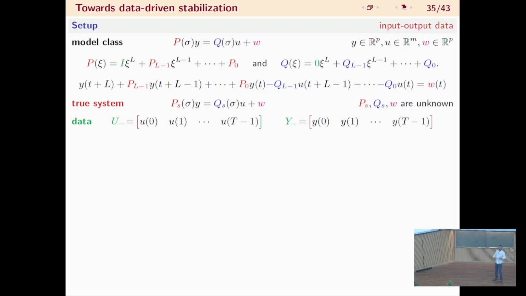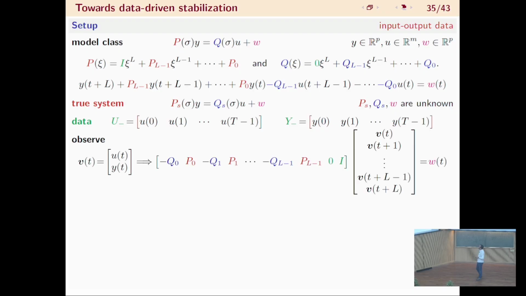I collect input-output data. No state, because there's no state anyway. And then I can write the following. If I collect inputs and outputs in one vector, let's say V, then V(t+1) up to V(t+L) I can write.